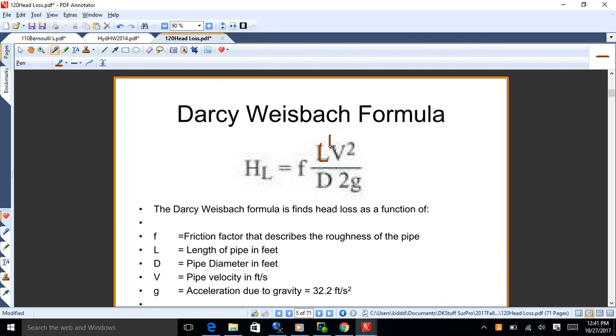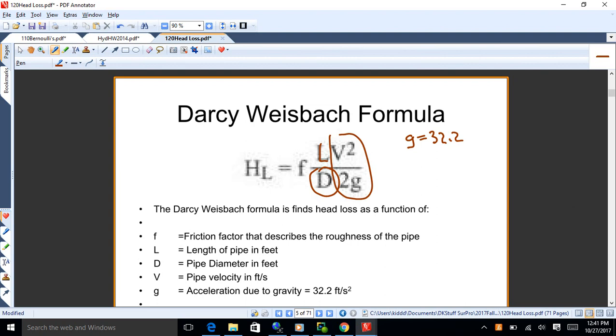It should depend on the velocity head, which is v squared over 2g. The higher the velocity head, the more the head loss. Keep in mind that g is gravity, and that's 32.2. And then head loss should also depend on the diameter of the pipe.